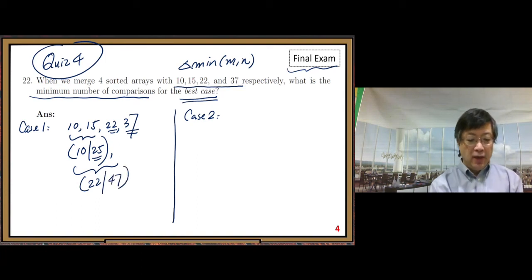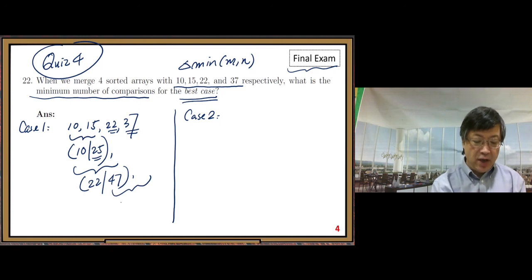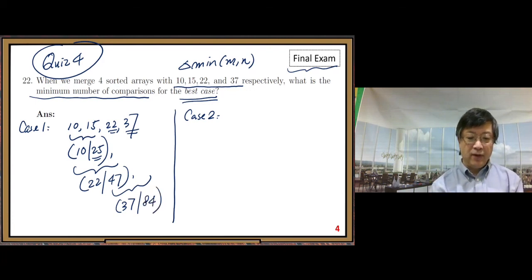So the last merge, because only two arrays left, we just do it. The best case, minimum 37, total size 84. Oh, sorry. I should not solve this problem for you. Anyway, here I show you. So you get the answer.